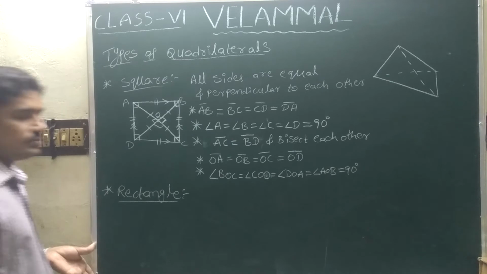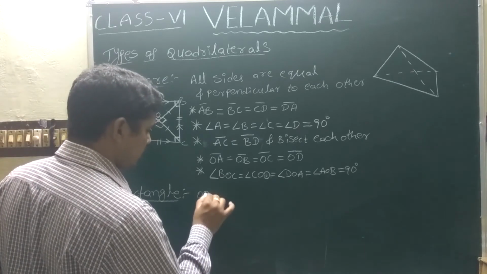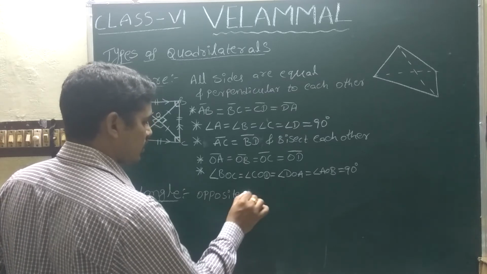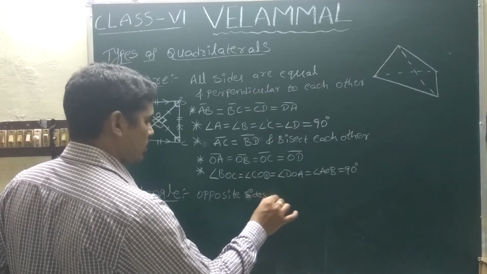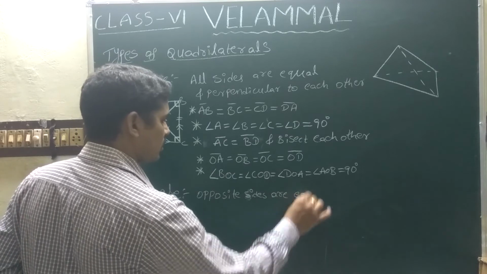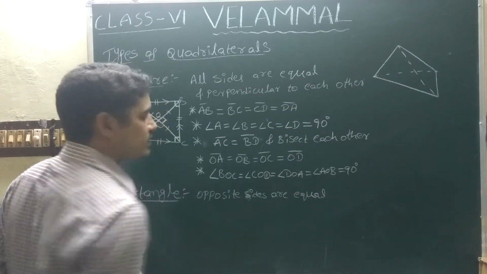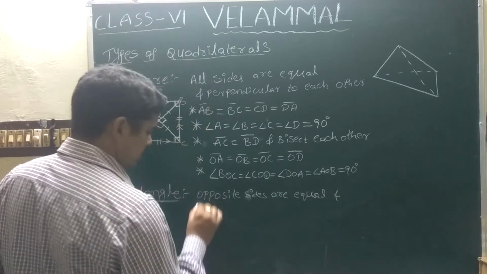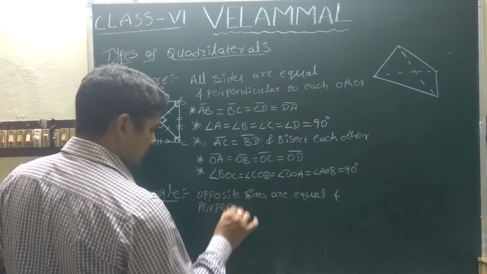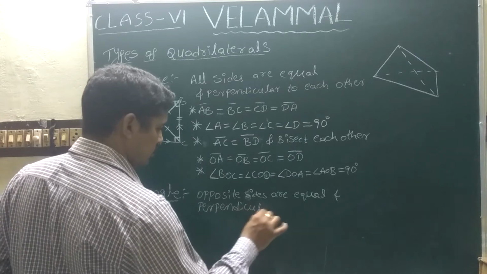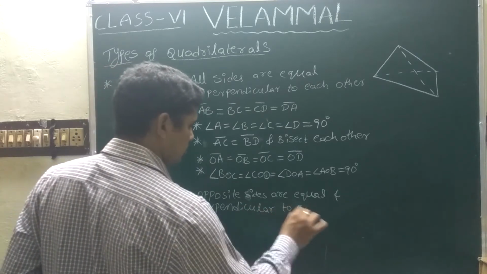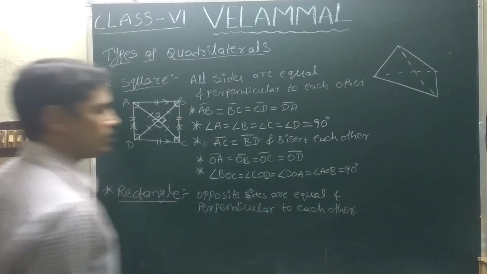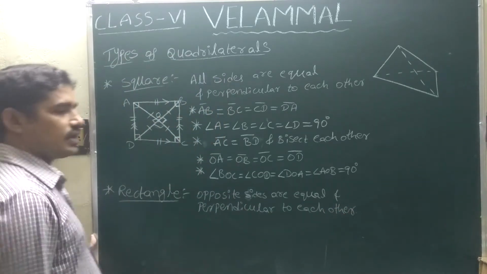What is a rectangle? If opposite sides are equal and perpendicular to each other, then we will say it is a rectangle.